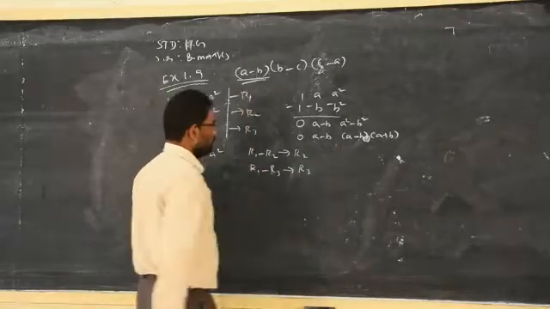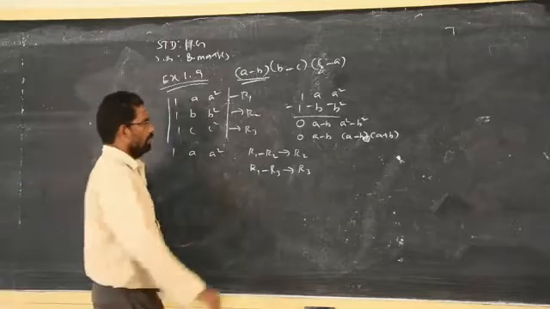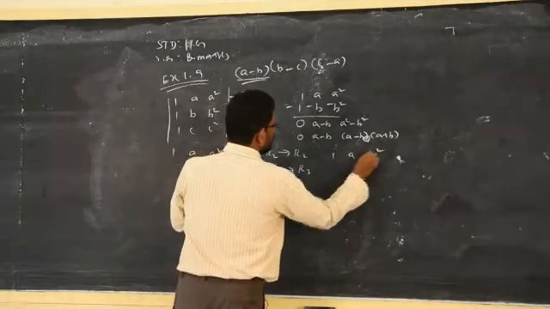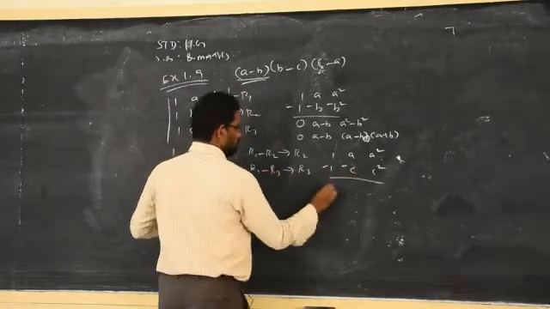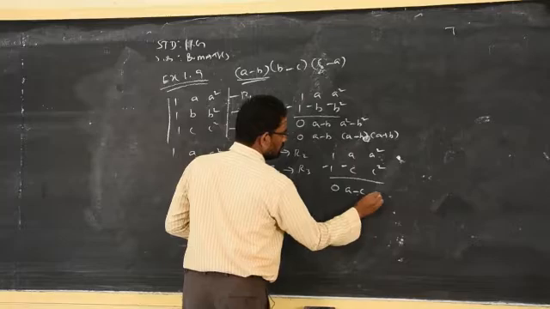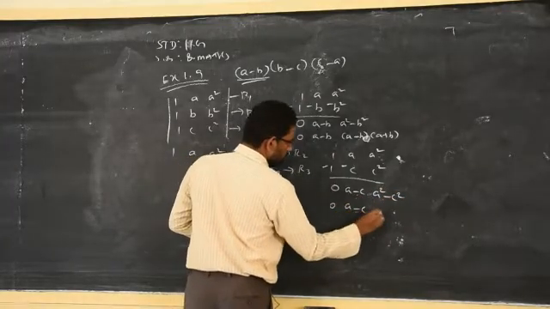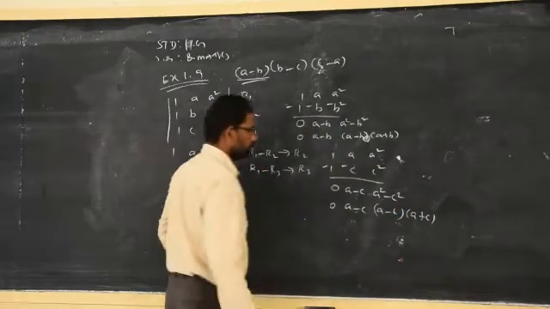Whatever method you follow, you will get the same answer. So again, 1, a, a square; 1, c, c square, subtract: 0, a minus c, a square minus c square, which is 0, a minus c, into a plus c.